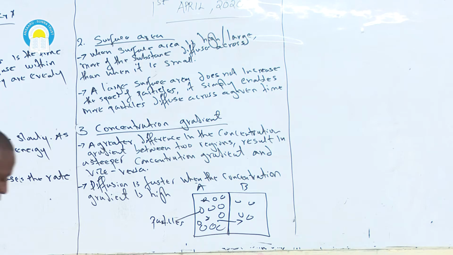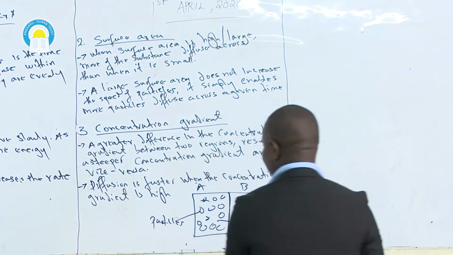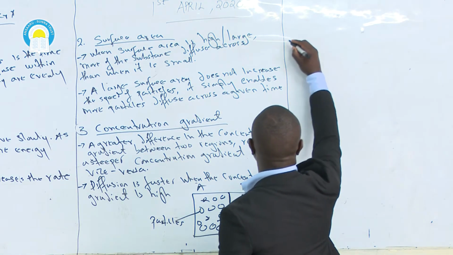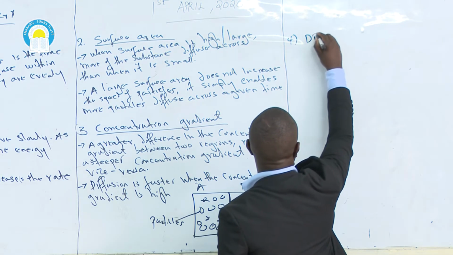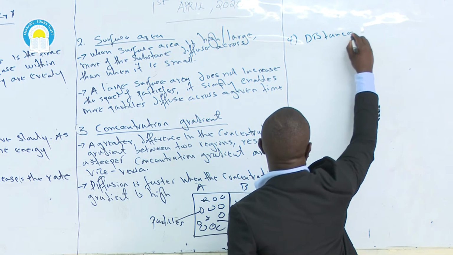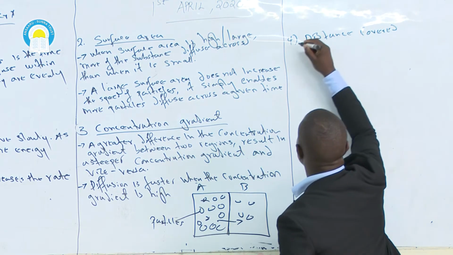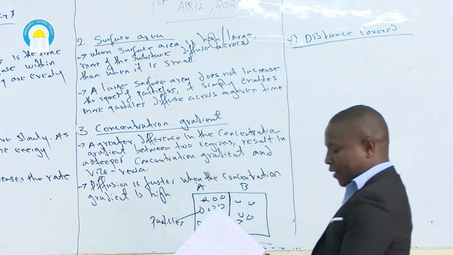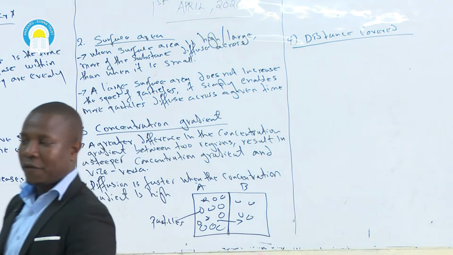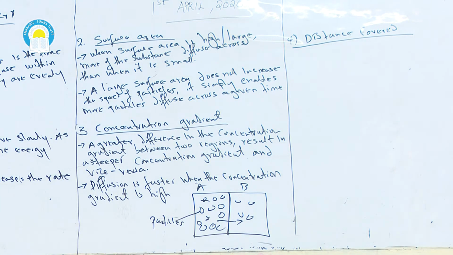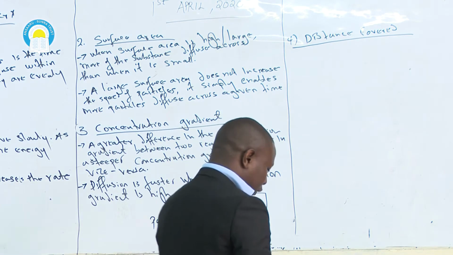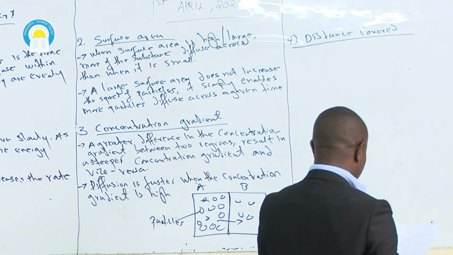Another one is distance that particles have to travel. That's number 4. Factor number 4. Distance covered. Distance covered. That's another factor that affects the rate of what? Diffusion is the distance covered. And that I've been told, the rate of diffusion depends on the distance that particles have to travel.